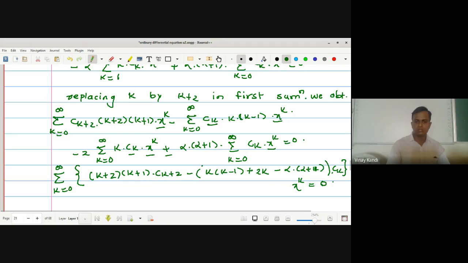Okay, is it correct? This summation is common, x raised to k is taken common, and this term is as it is. Look here, x raised to k plus 2 is as it is here. This is minus sign. Okay, so this term is k into k minus 1, this x raised to k taken here.